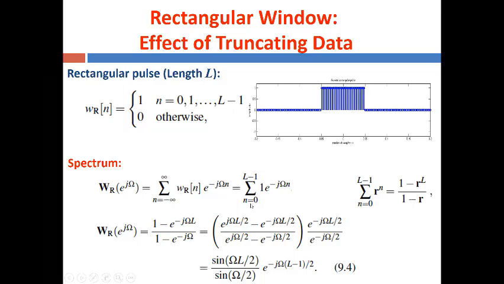We would describe that as a sum from n equals 0 to L minus 1 of 1s times e to the minus j 2 pi f n, or in the omega version, e to the minus j omega n. That's a finite summation, which we have a closed form solution for. Plugging it in gives us this function, which we can convert to a form that we recognize as sines in Euler identities by factoring out certain terms.